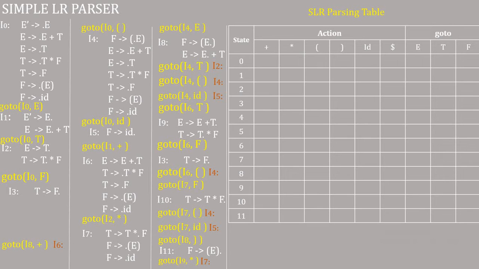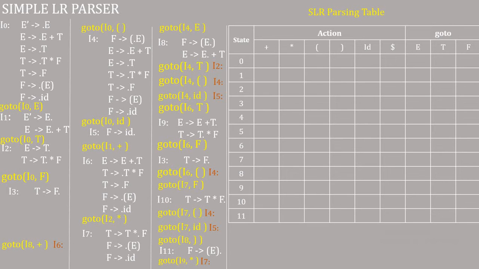Now in this table, the item sets whatever we have identified in the canonical LR0 collection should be represented as states. I have taken the same example which I used for discussing the canonical LR0 collection.